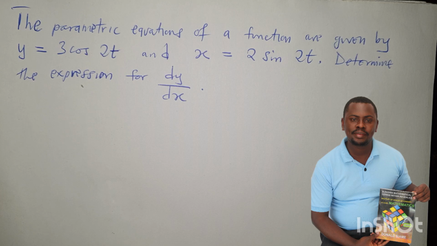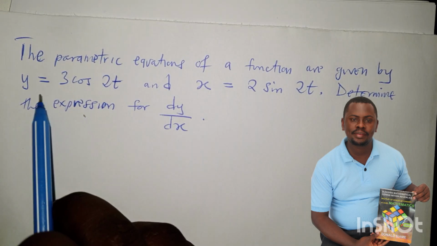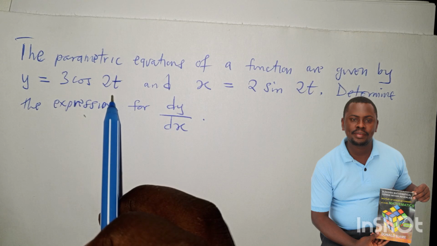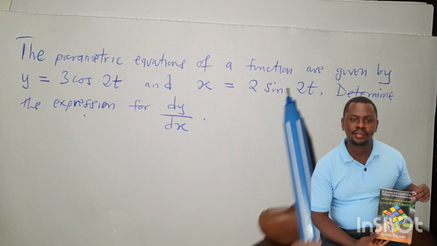Okay, so we want to find an expression for dy/dx, and we have two functions: y = 3 cos 2t and x = 2 sin 2t.